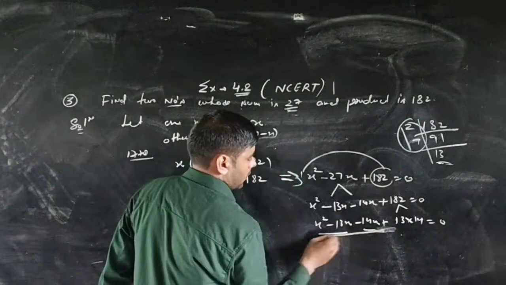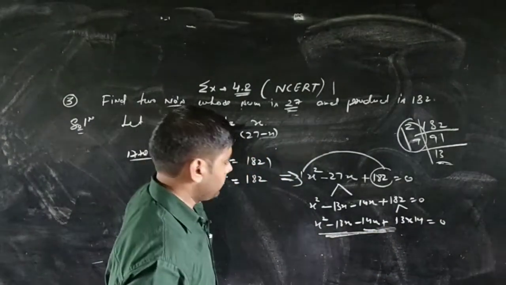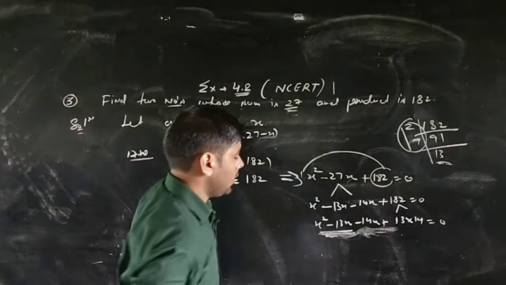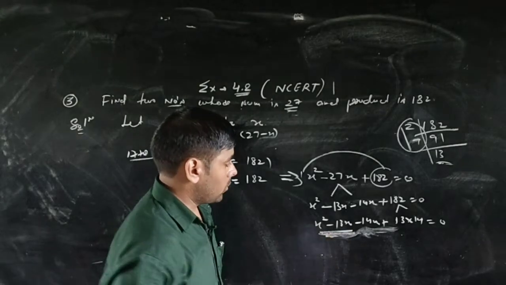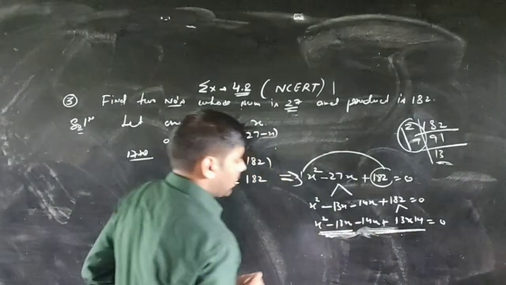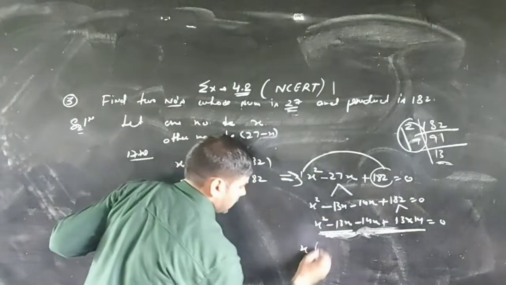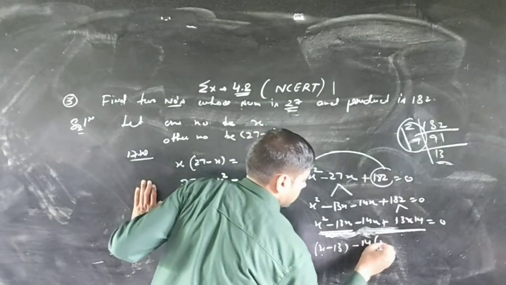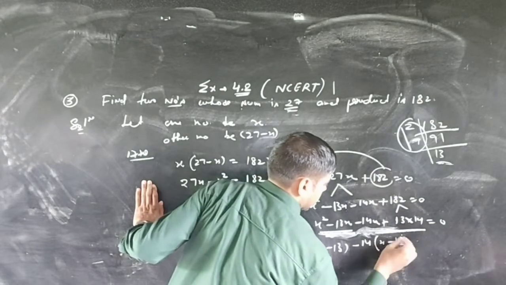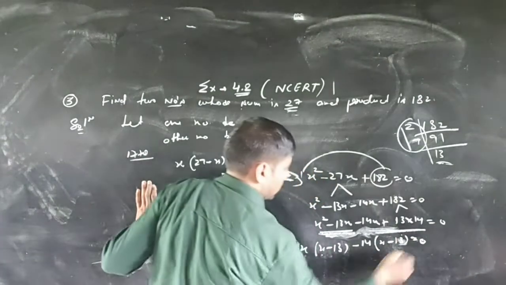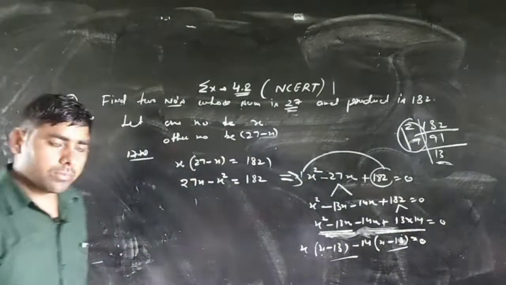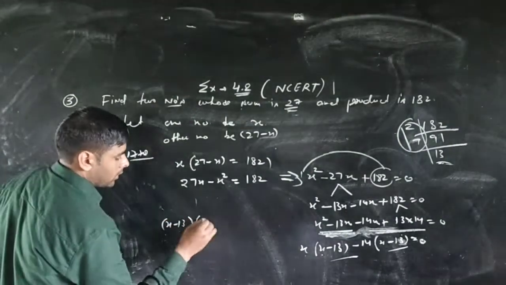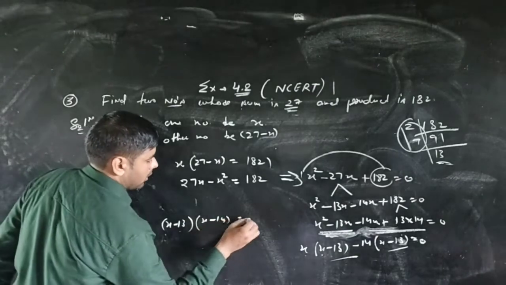From here only x is common, and from here minus 14 is common: x into x minus 13, minus 14 into x minus 13, equal to 0. x minus 13 is common, so x minus 13 into x minus 14 equal to 0.